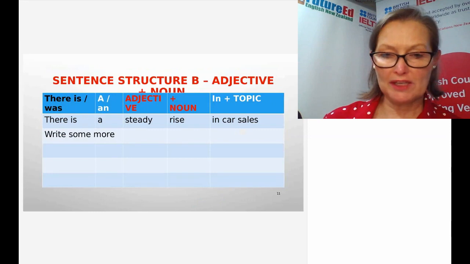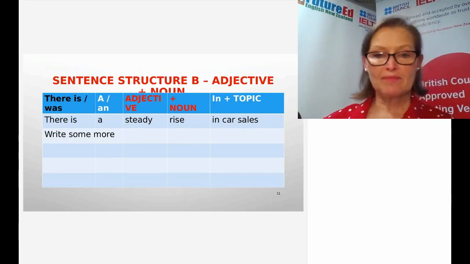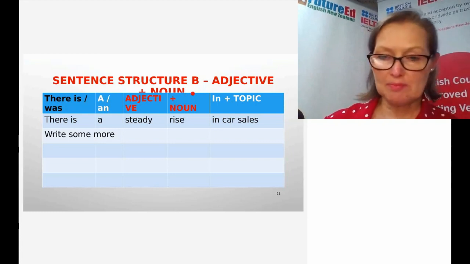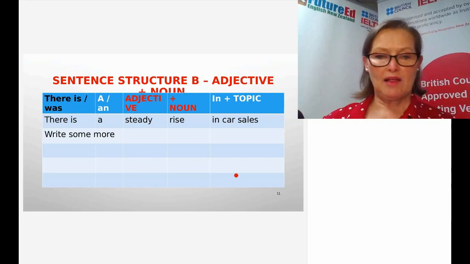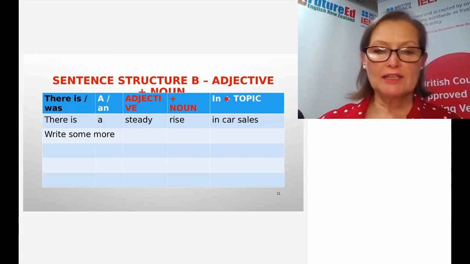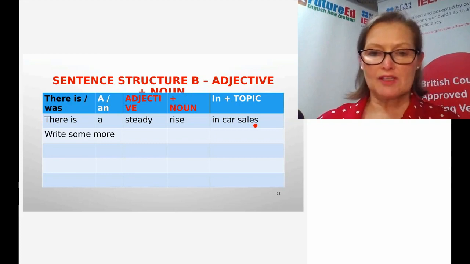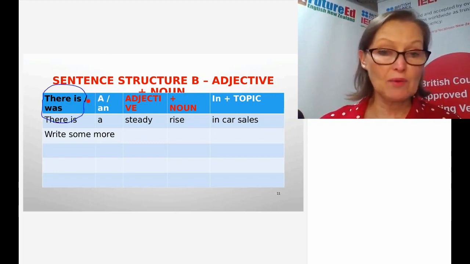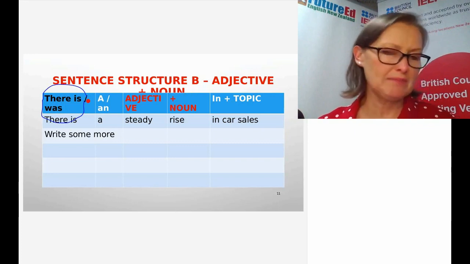We'll move on to how we can extend that a little further. So here we have my sentence structure B, adjective plus noun. And now I'm going to add a little more to make it a full sentence. First of all, I'm going to add there is or there was. This is what we call my empty subject.